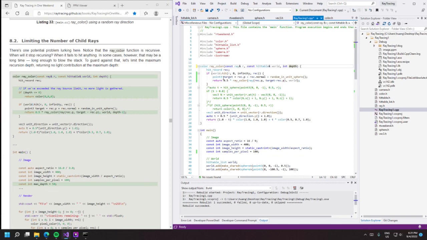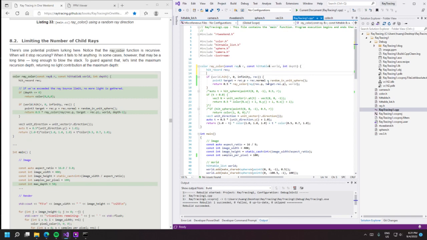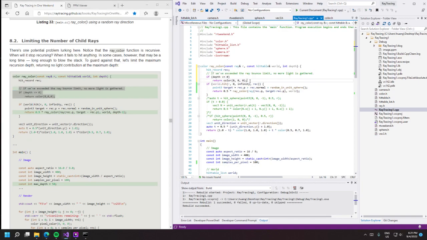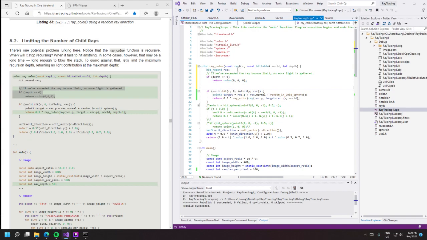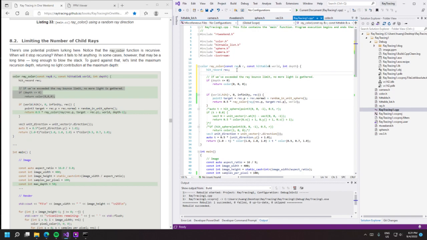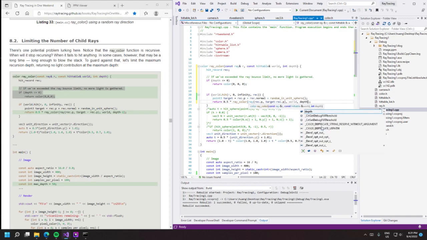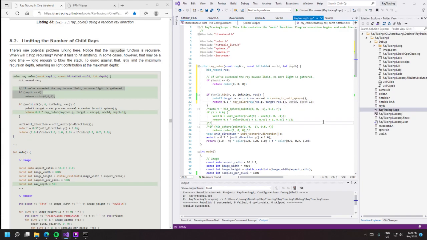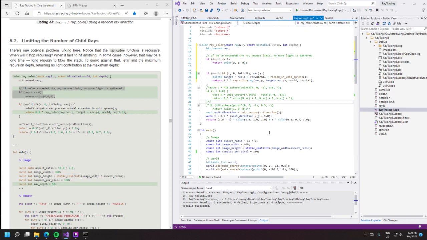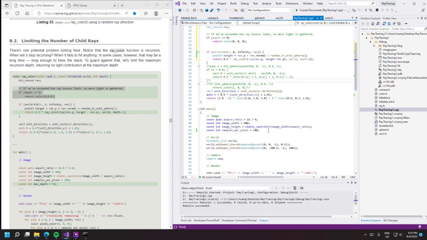So we want to have another loop that guards against the possibility that the recursion just goes on and on. And this is a loop. Like if depth is less than 0, then we just say there's no light anymore. We cannot do the recursion. And depth minus 1.